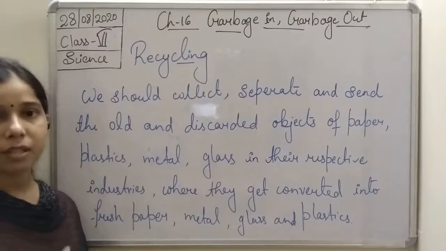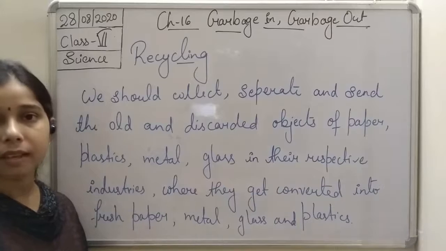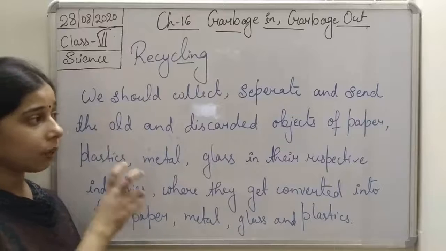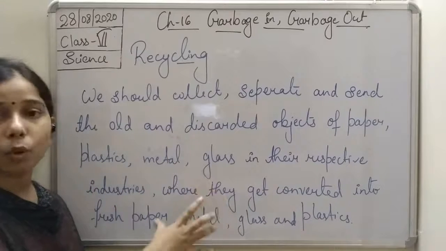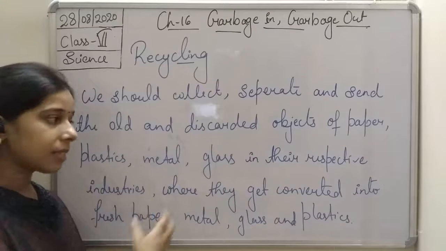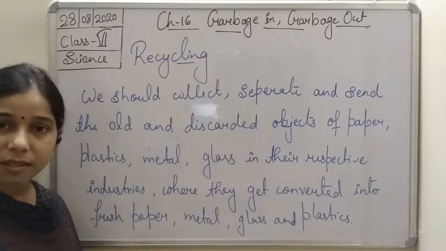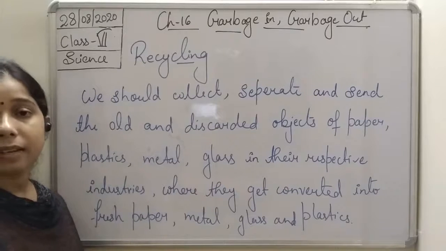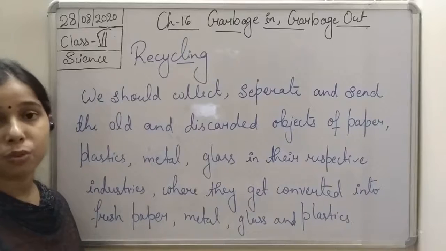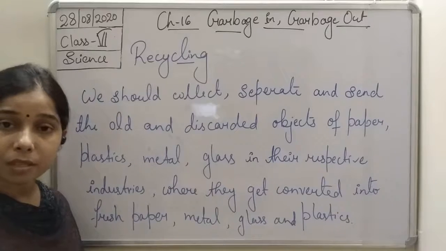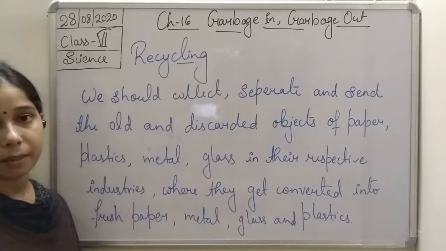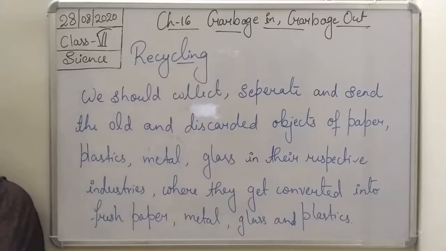Then we will separate the objects which cannot be recycled from the objects which can be recycled, and send them there. We send all these old and discarded objects of paper, plastics, metal and glass to their respective industries, and from there they get converted into the new form, that is new paper, fresh metal, new glass, or fresh plastic. That is recycling.